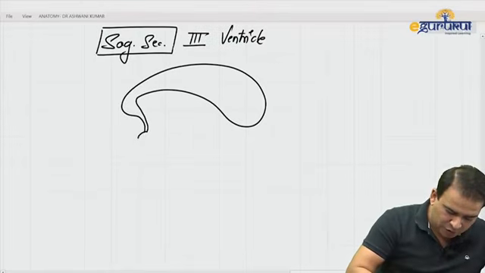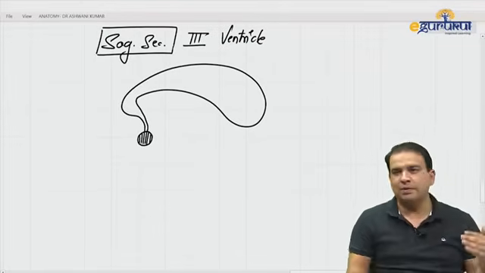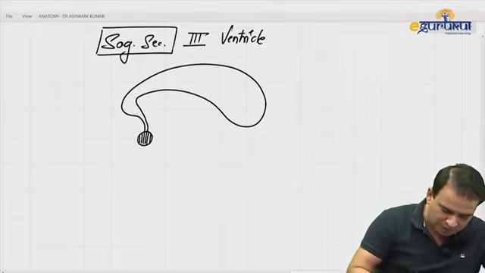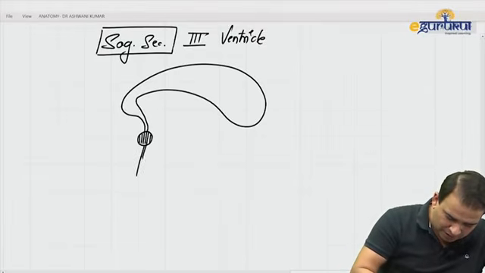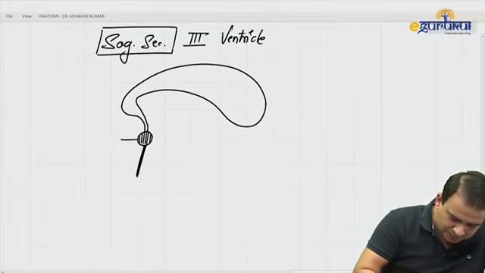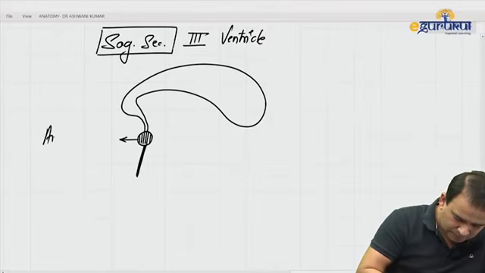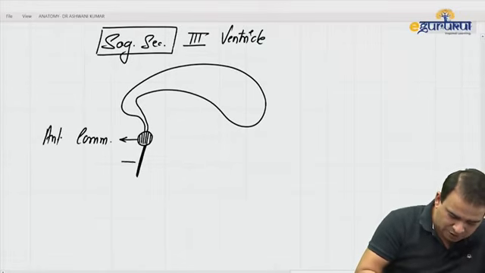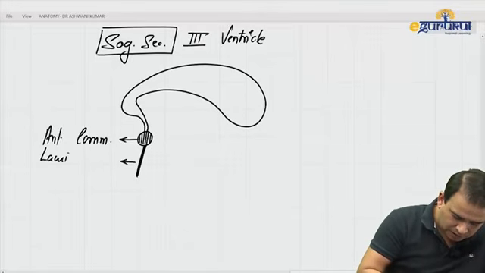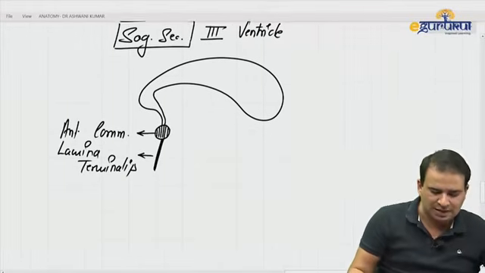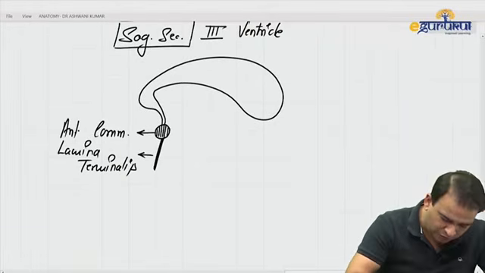Below the rostrum of the corpus callosum, that is the anterior commissure, an additional commissural fiber present just below the rostrum of the corpus callosum, followed by lamina terminalis. Let me write it for you. That is the anterior commissure, and that is the lamina terminalis, which is also there in the anterior wall along with the column of the fornix.